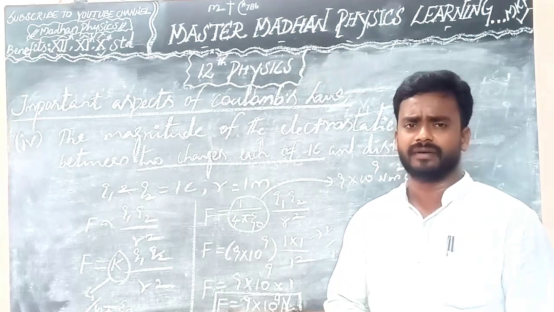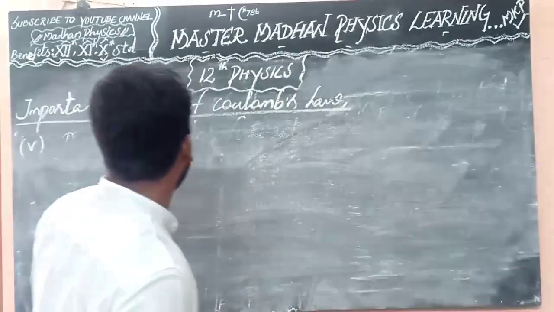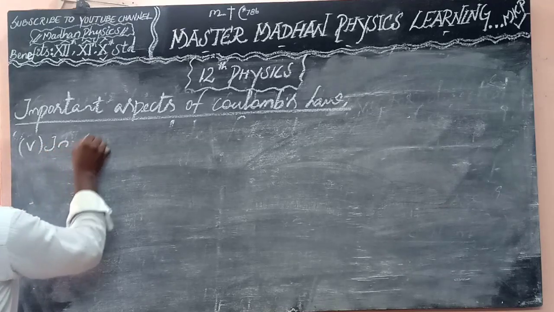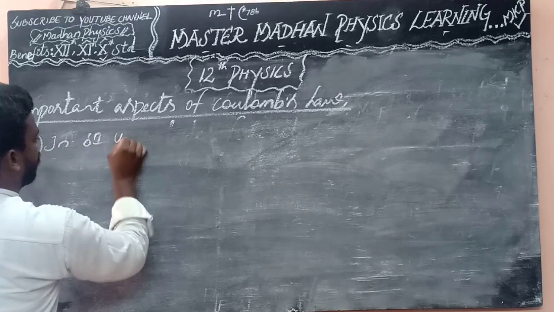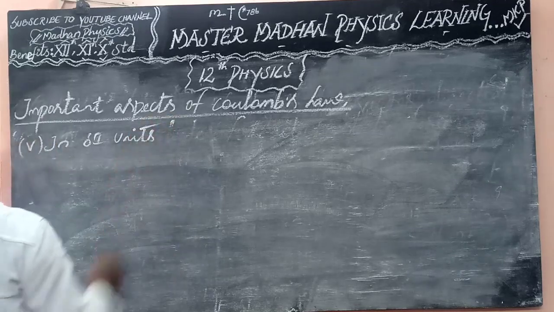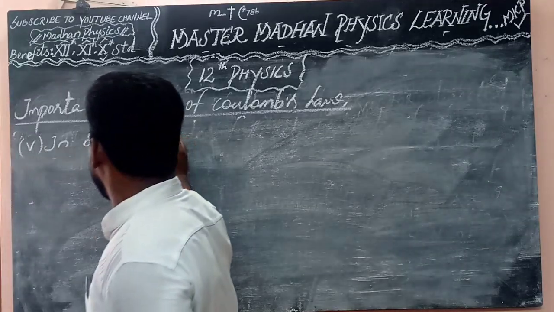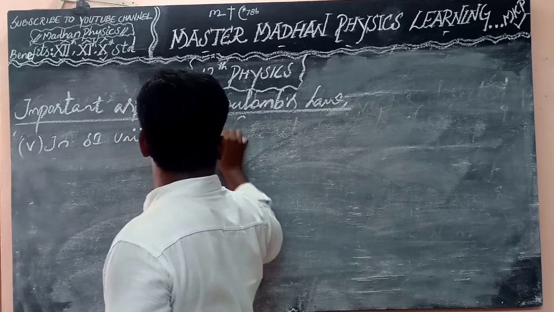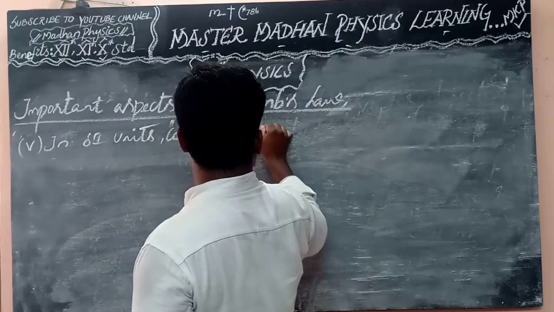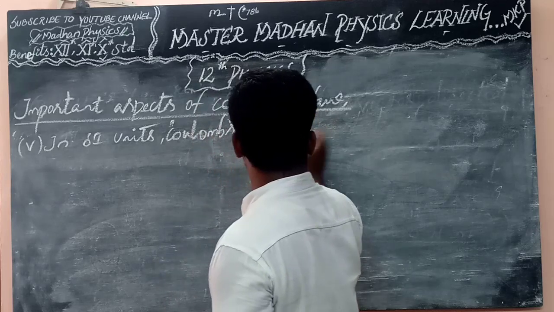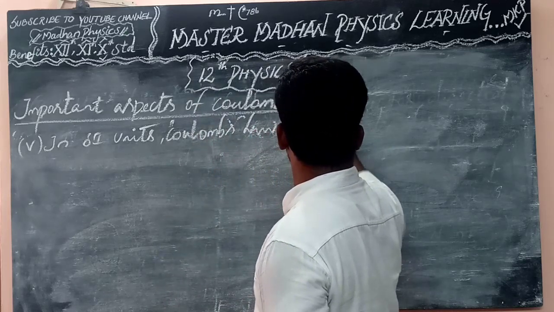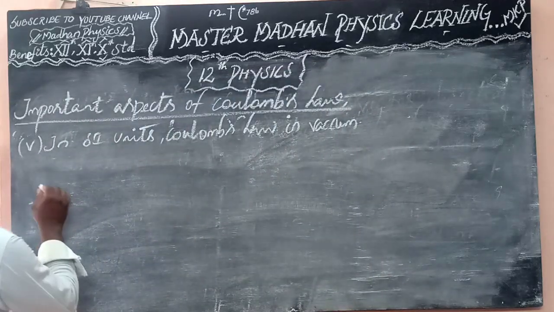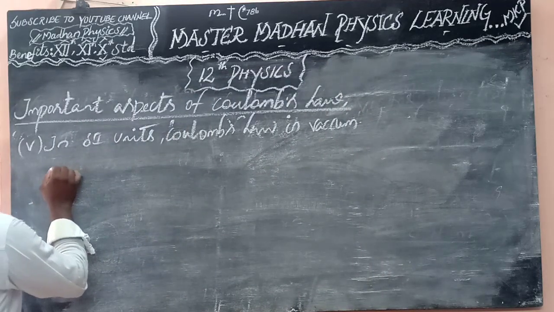Okay, now point number 5. In the same way, they would have given SI units. SI units: Coulomb's law in vacuum. It takes the form, in vacuum.